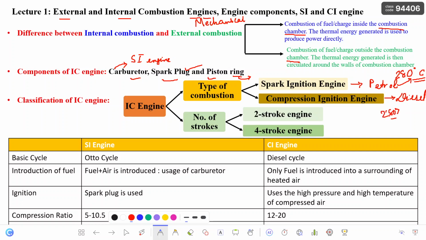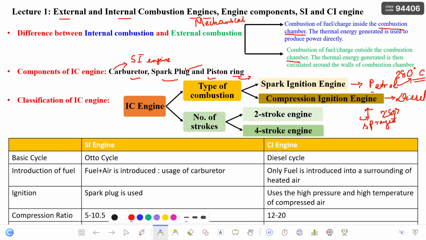In a diesel engine, we provide only air into the chamber and compress it, and we increase the temperature inside the engine. The temperature is so high that whenever the fuel is sprayed into the chamber, the fuel gets ignited.